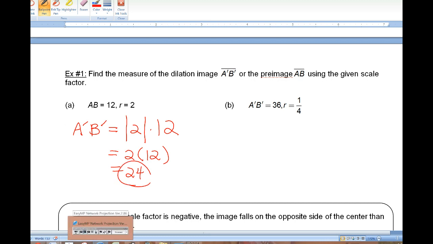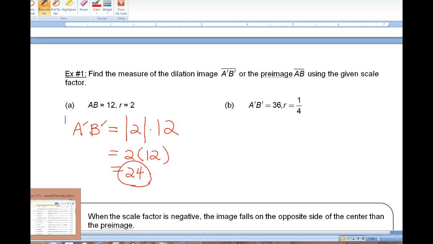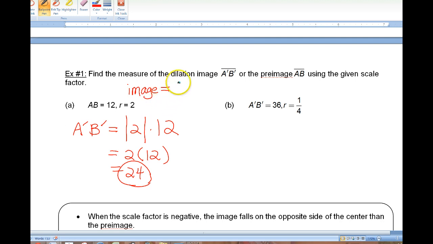I don't understand it. Can we just go back to the video before for a second? Okay, basically what you do, I can write it out in words if that makes it easier. The image is the scale factor times the pre-image.